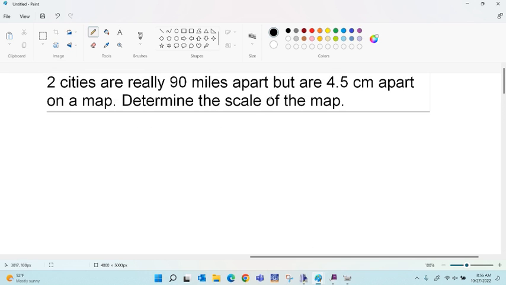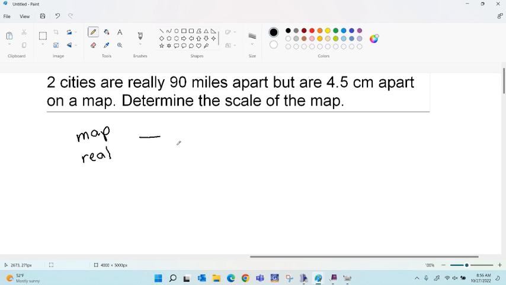Two cities are really 90 miles apart, but are 4.5 centimeters apart on a map. Determine the scale. So the scale is comparing what to what? Inches to miles, all inches to miles. So the map or the model compared to what's really happening. So I want the map versus reality, and I'm not making a proportion this time, I'm just making a fraction.